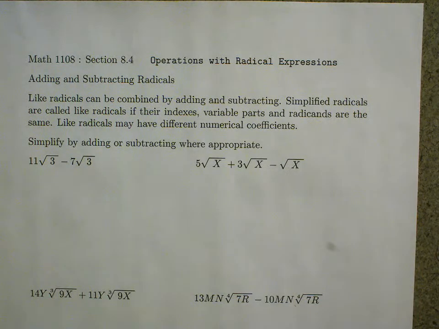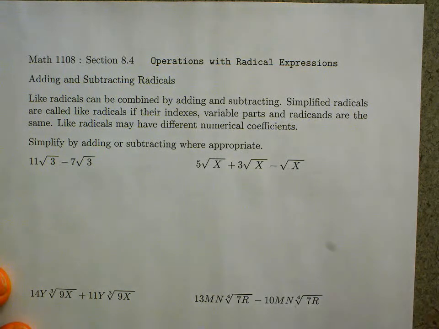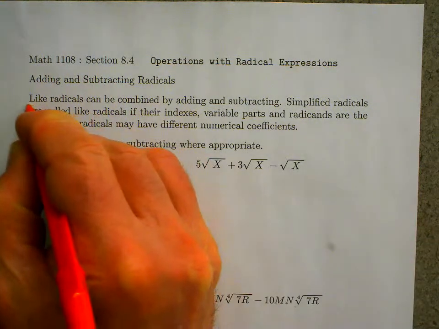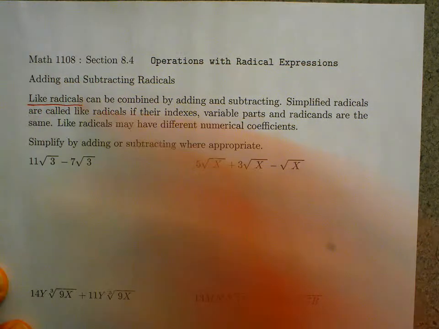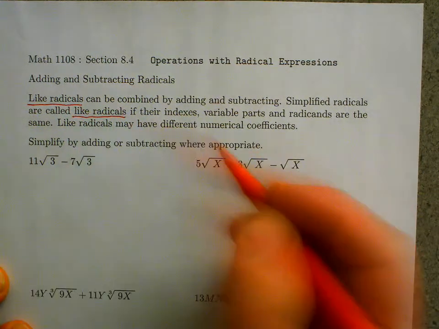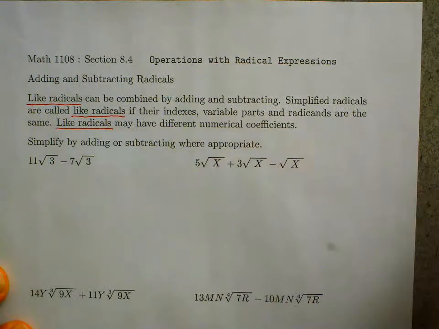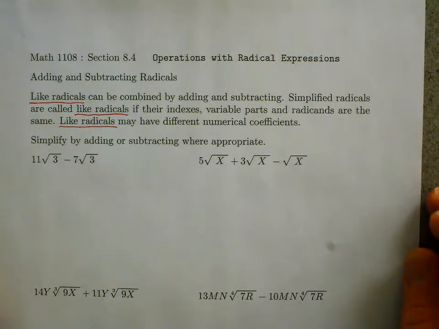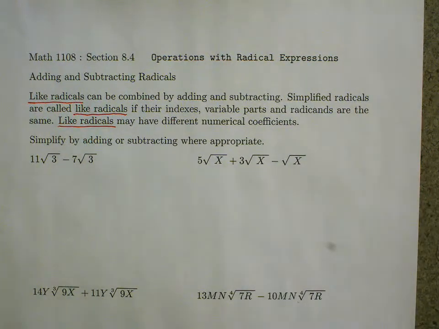Like radicals may have different numerical coefficients. So just to emphasize, we're defining here like radicals. When they're simplified, they have to have the exact same indexes and variable parts, and the radicands all have to be the same.